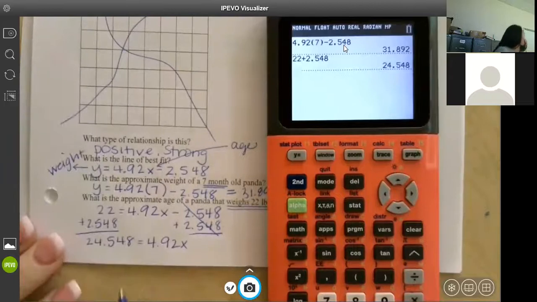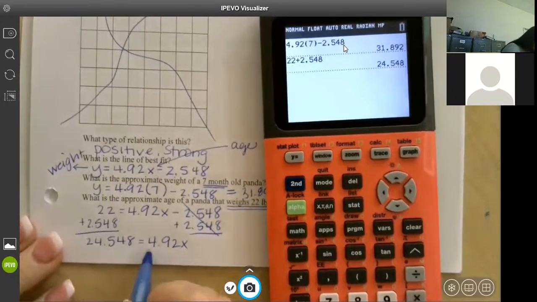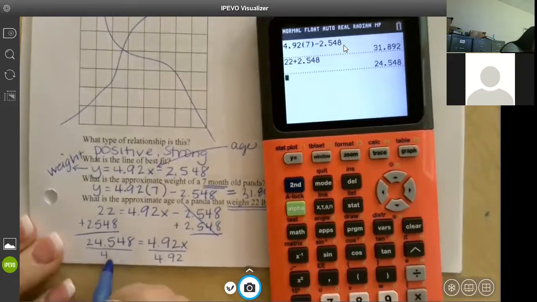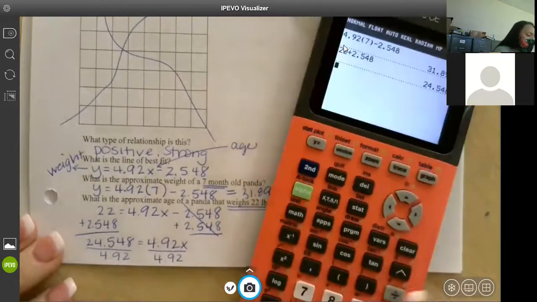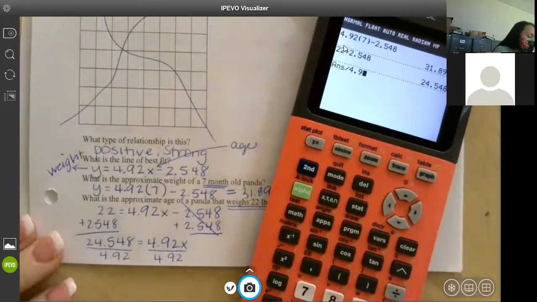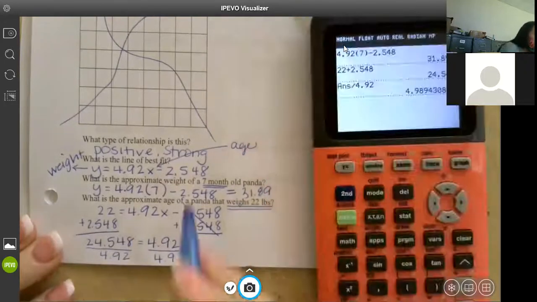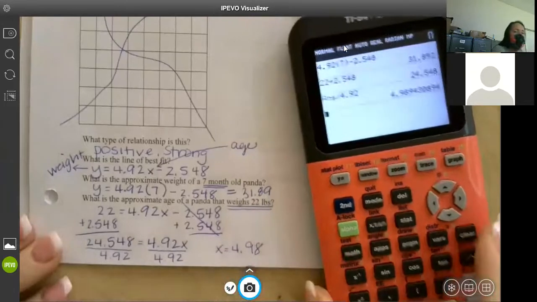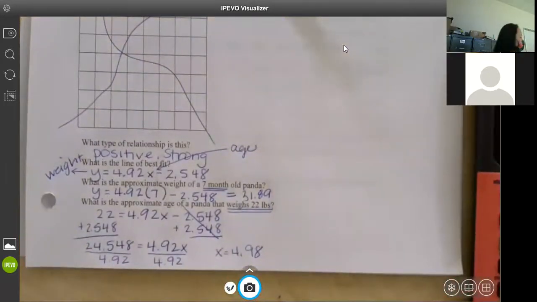I'm multiplying these two, so I'm going to divide to get rid of it. So we divide by 4.92, and we get that x equals 4.98. So 4 months old, or almost 5 months.